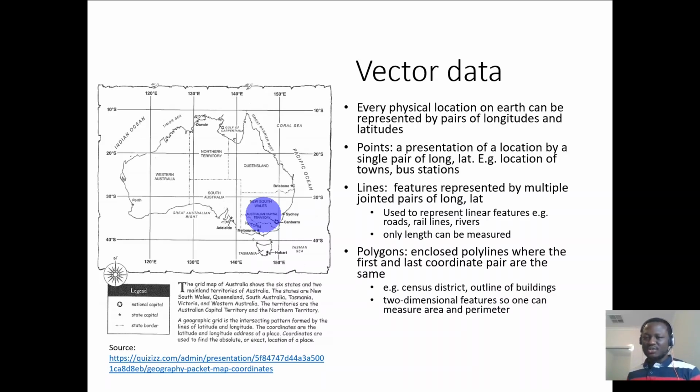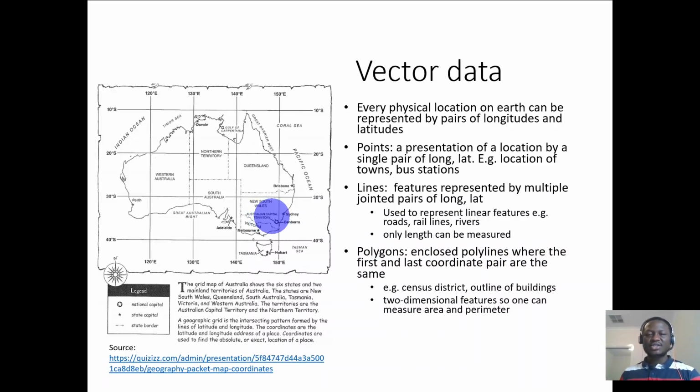Now, polygons also consist of multiple pairs of points, but in this case, the first and the last coordinate pair are exactly the same. In this case, then you have your polyline being enclosed into a circle or a loop.